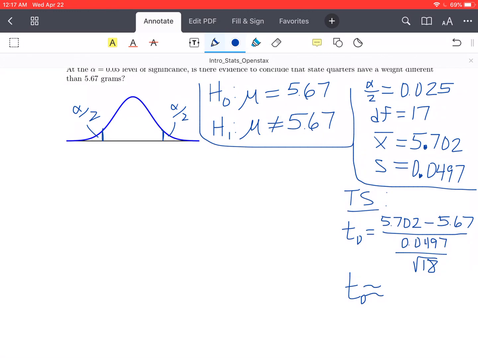So we get t naught is approximately 2.732. As per usual, let's hold on to that because we're going to need it in just a minute.